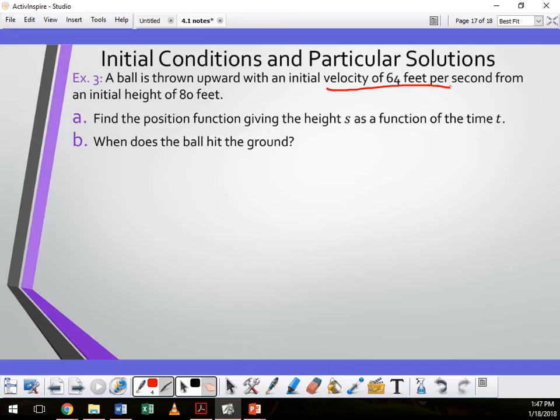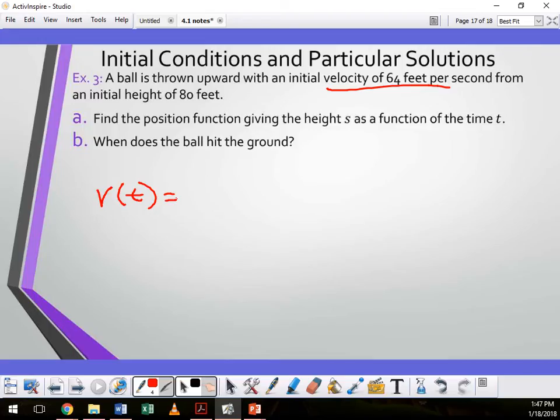In terms of t, it would be V of t. Isn't it V prime? No, it's not. If it was V prime, that would mean I'm taking acceleration, the derivative of v.